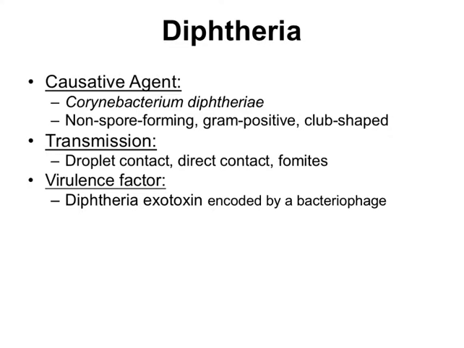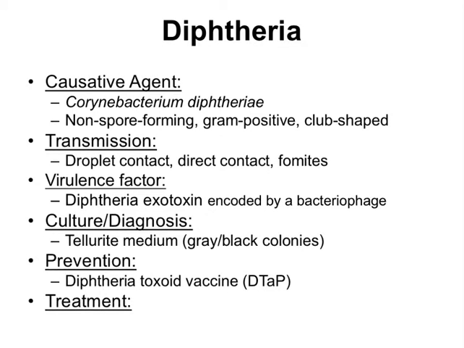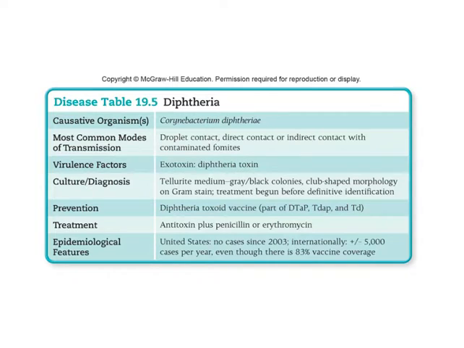Diphtheria toxin is actually from a lysogen in the diphtheria, a bacteriophage, and the diagnosis is gray to black colonies on tellurite media. We prevent it with toxoid vaccine. So the way to get around this is to already be immunized against it. The antitoxin, along with penicillin and erythromycin, is generally the recommended mode of treatment.